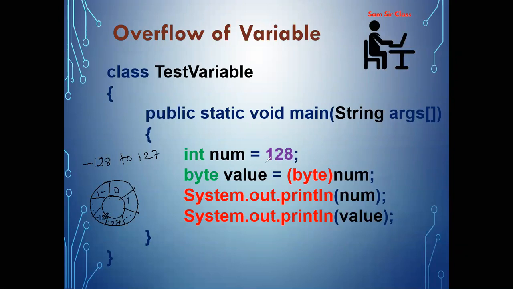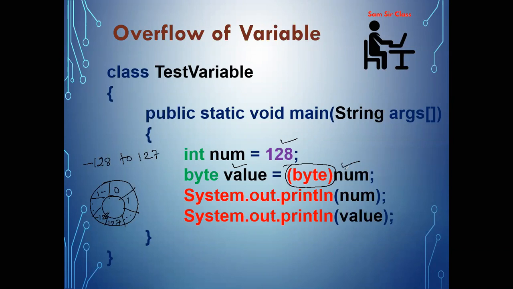Now integer number equal to 128 can be stored because 128 is within the range of integer. But whenever I want to store that integer value in a byte variable, I have to do typecasting. Clear? Now how will this conversion be done?